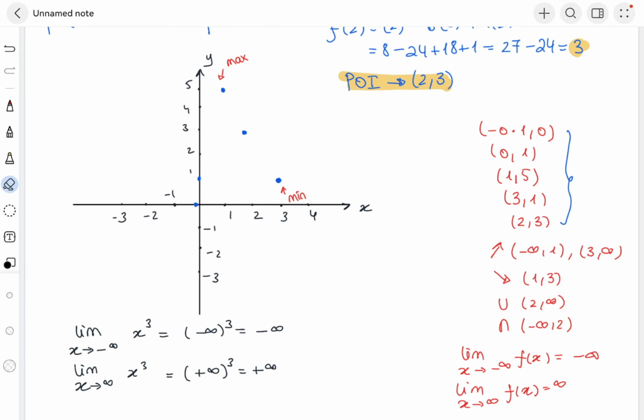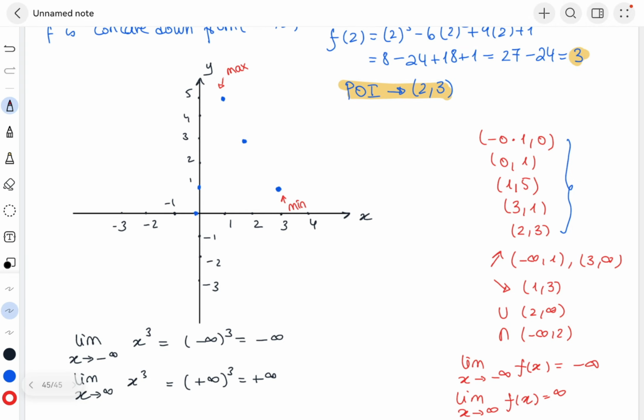Now, we can use all this information to graph our function. We know that our function will be coming from negative infinity, and it is increasing until 1, to create the local maximum. Now, at the maximum, it will go down from 1 to 3.